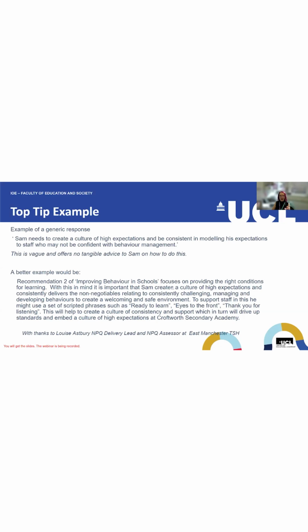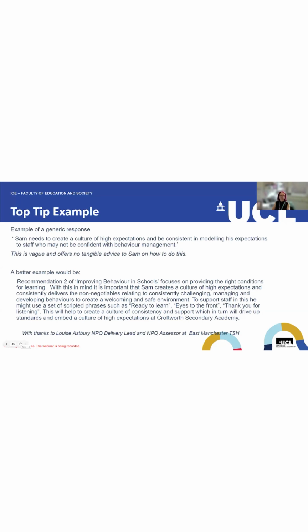But you can see here, to create a culture of high expectations, I give Sam some examples: deliver the non-negotiables, and create that welcoming, safe environment. I've given him ideas about scripted phrases to use, and then how that might help drive those standards up. So I've referred to the guidance report and I've given him some examples. It's much more concrete and much less generic. So you want to make sure it's really tight.